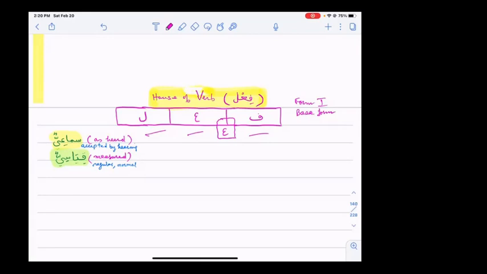So here is the first thing. What is fa'ala? And then we give sukoon here, the additional family member. Fa''ala. What is it? Fa''ala. Did you get the idea? So this is form 2.